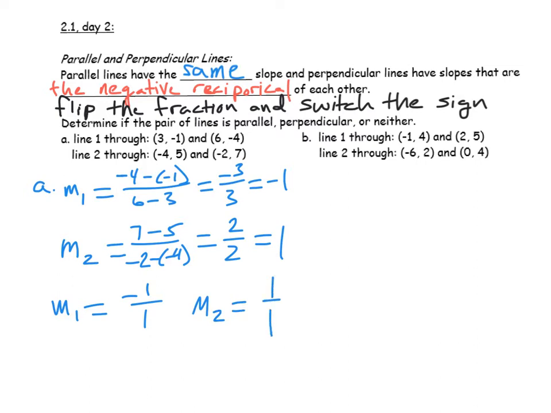Slope number 2 is 1 over 1. But to get from the first slope to the second, could you switch the numbers and flip the sign? Well, yeah, flipping the numbers makes no difference, right? You're swapping a 1 and a 1, so yeah, you could flip the numbers and then change the sign.